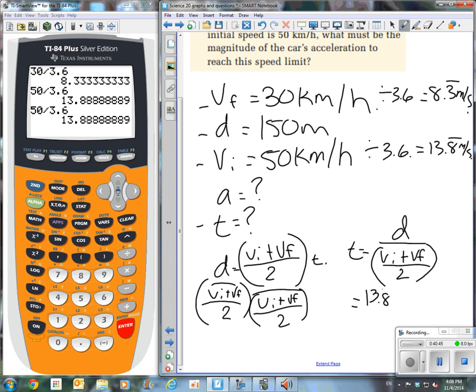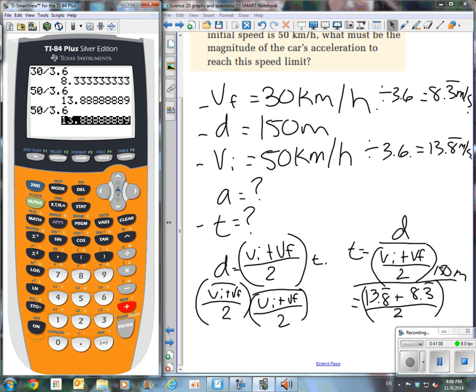So this turns into 13.8 repeating plus 8.3 repeating all over 2. And then D is 150, so we're going to divide that there. Sorry that this is all a mess here. First I'm just going to add these two numbers together: 13.8 repeating plus 8.3 repeating, and I get 22.2 repeating.